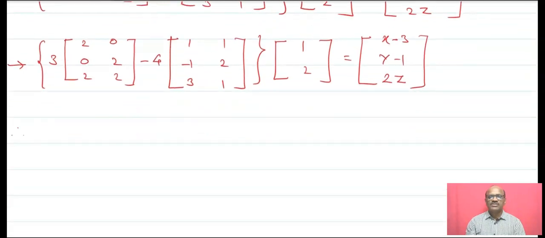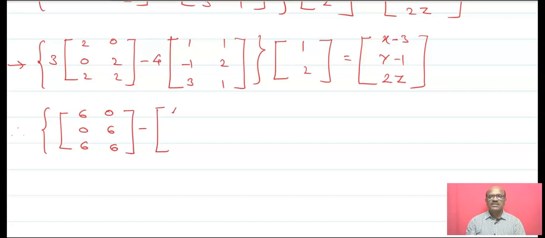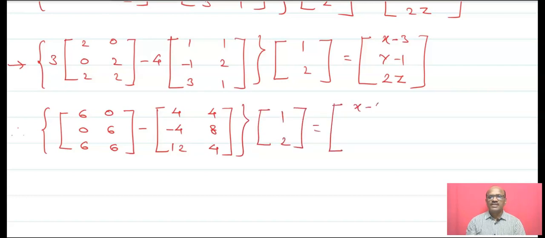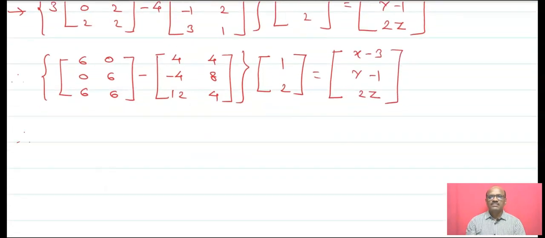Now their multiplication is [6, 0, 0; 6, 6, 6] and [4, 4, -4; 8, 12, 4], and on the right hand side [x - 3, y - 1, 2z].